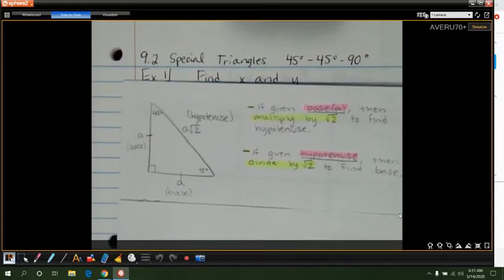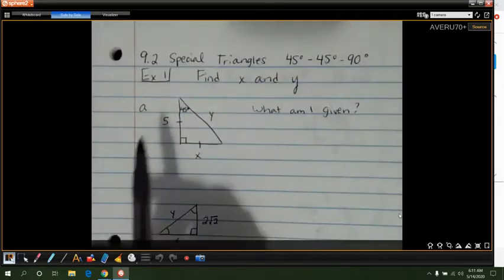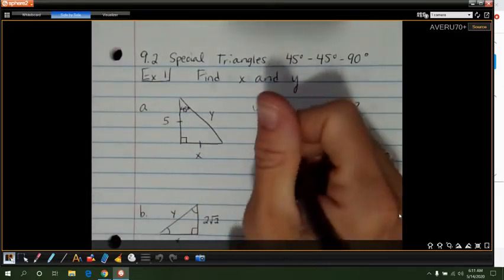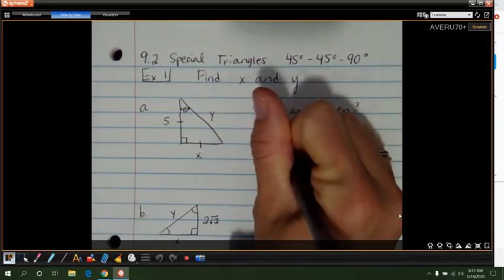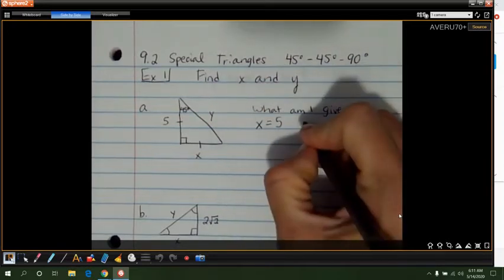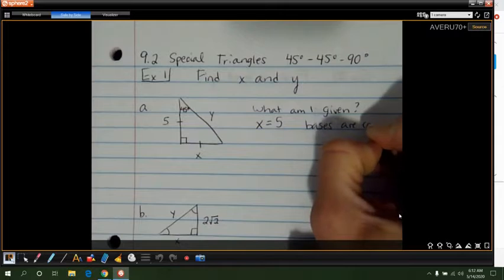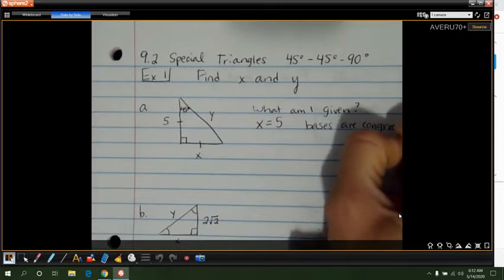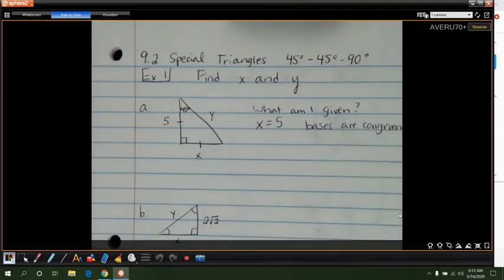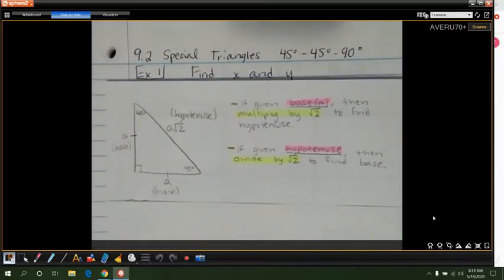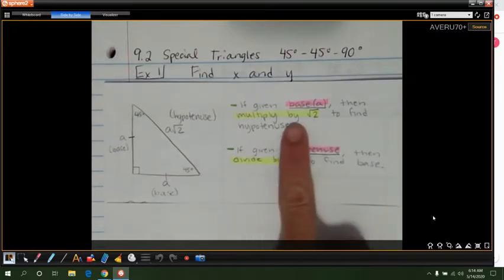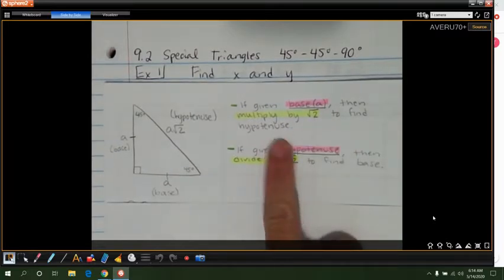From the fact that this is 5, I already know that X is also 5 because the bases are congruent. So I automatically know that this is also 5.